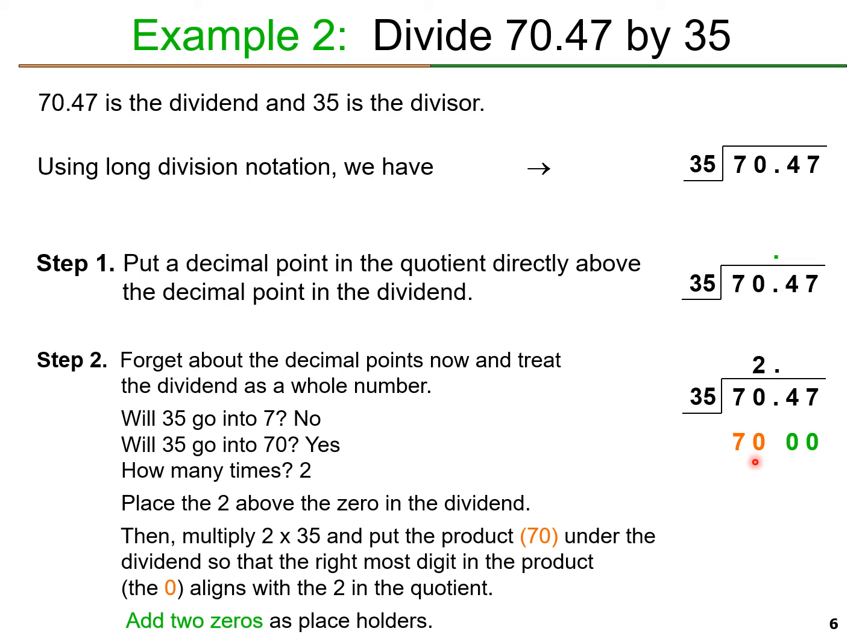So we put the product under the dividend so that the rightmost digit in 70, which is 0, aligns with the 2 in the quotient. And add 2 zeros so that this number has the same number of digits as the number above it.